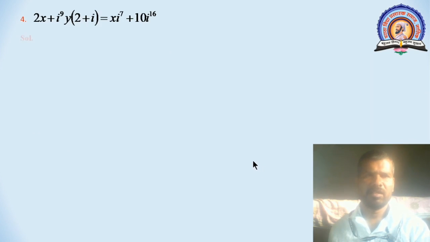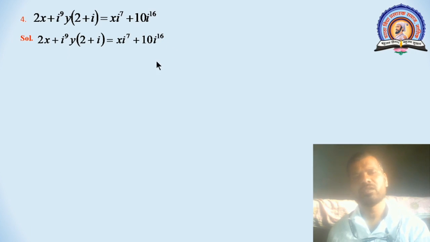Next result is (2x plus i raised to 9 y) into (2 plus i) is equal to x into i raised to 7 plus 10 i raised to 16. So I'll give one example. We transform this i raised to 9 in the form of i square raised to something, and i raised to 7 and i raised to 16 are also converted to i square.